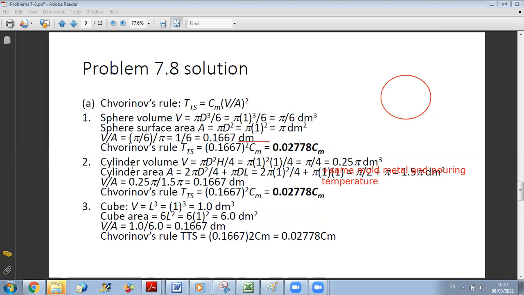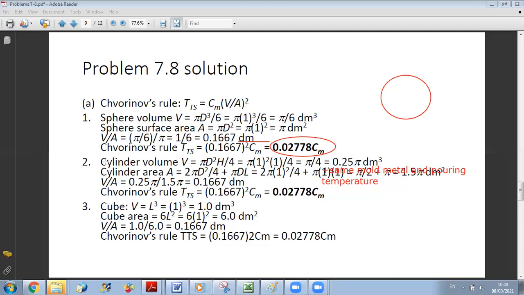So you can deduce that the solidification time is 0.02778 times the mold constant. And since you used V over A in decimeter, you should make sure that the mold constant is in seconds per decimeter squared to get the solidification time in seconds.